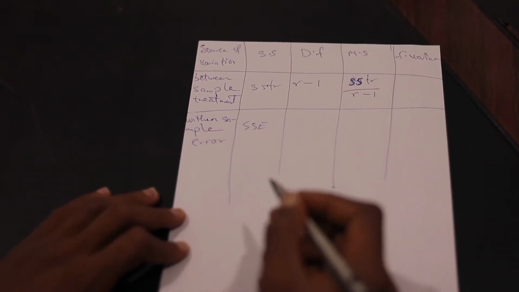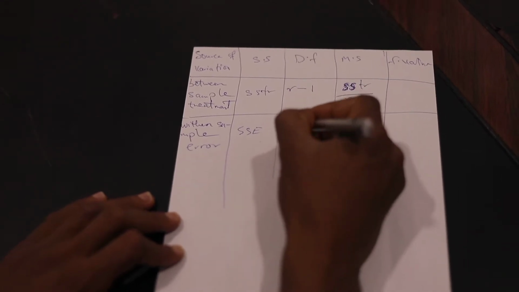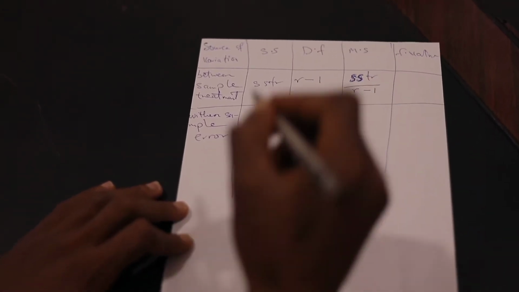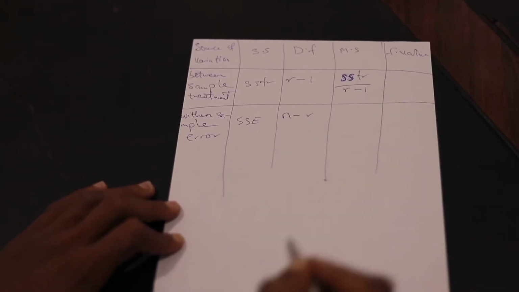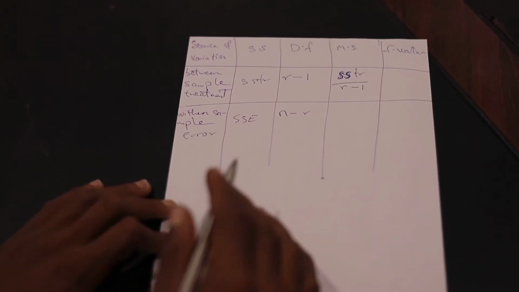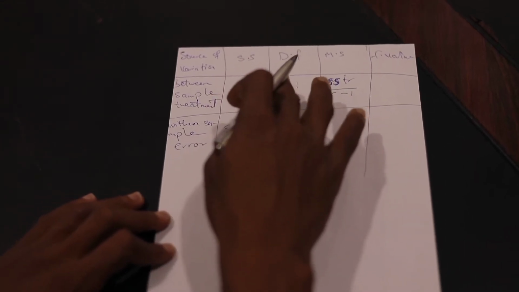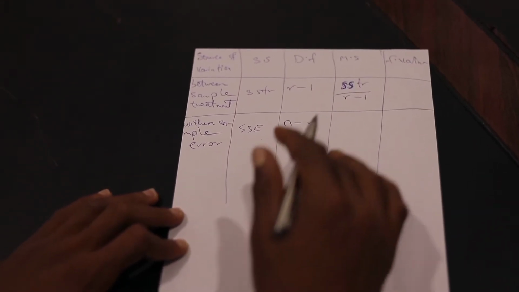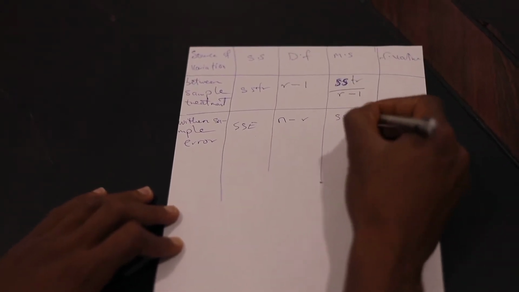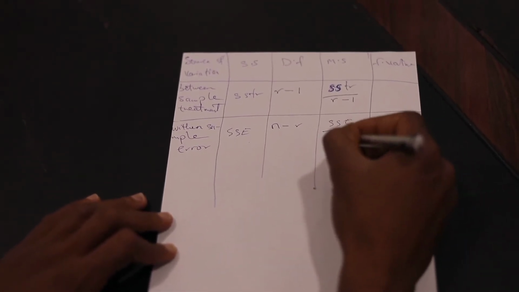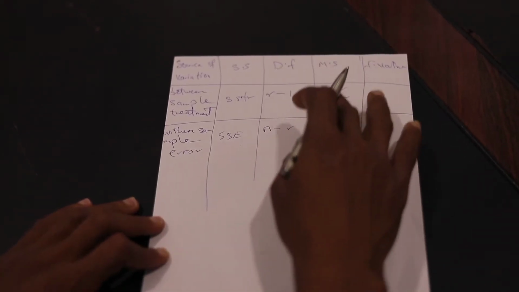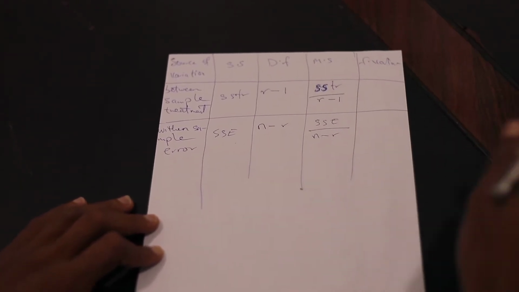And for within sample error, the degrees of freedom is the total number n minus r. That is to get the degrees of freedom. Now, to get your mean of square, we're doing the same thing: sum of squares error divided by n minus r. That is how to get your mean of square.